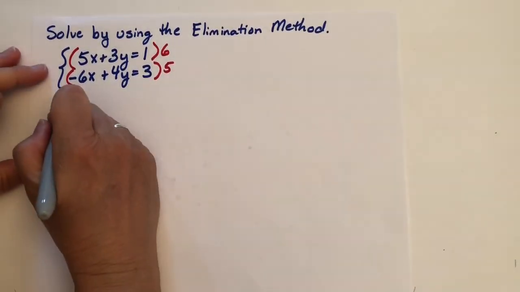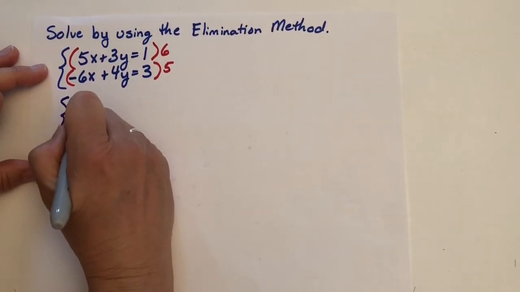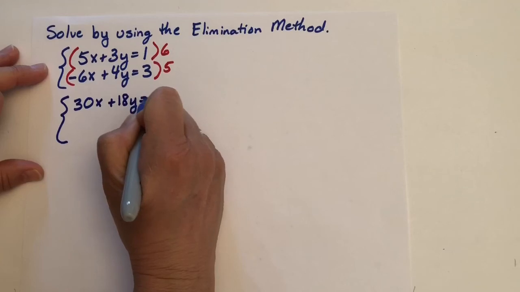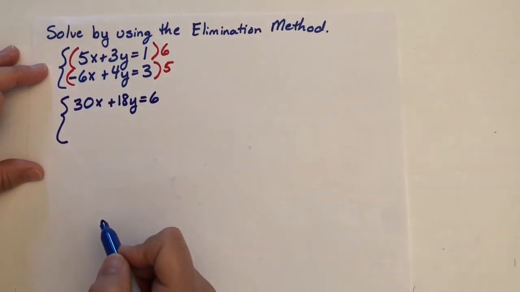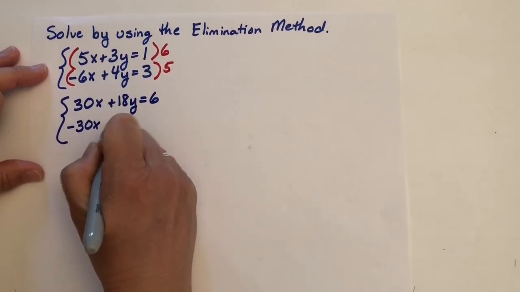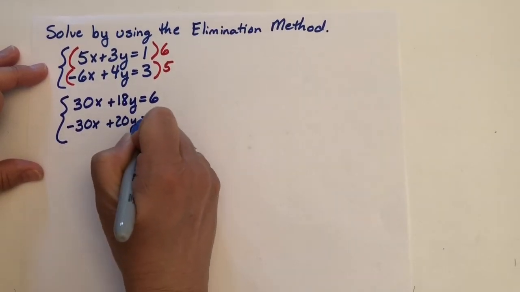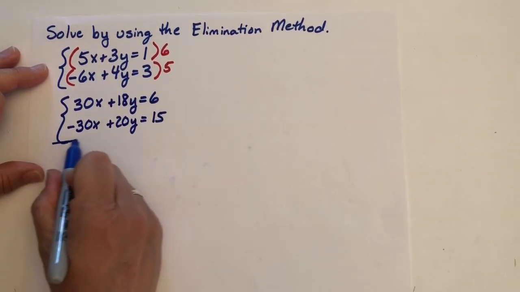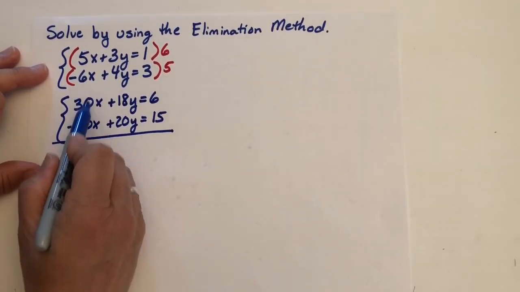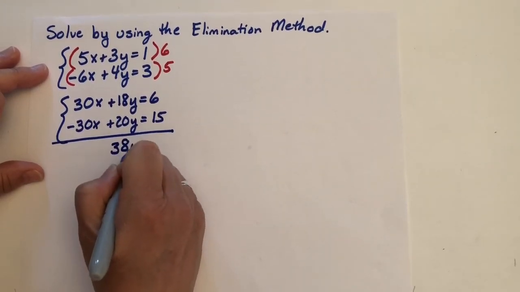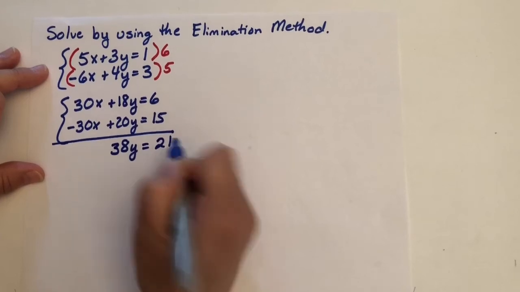If I do that, I get 30x plus 18y equals 6, and -30x plus 20y equals 15. When I add these equations together, the x's are eliminated, and we get 38y equals 21.